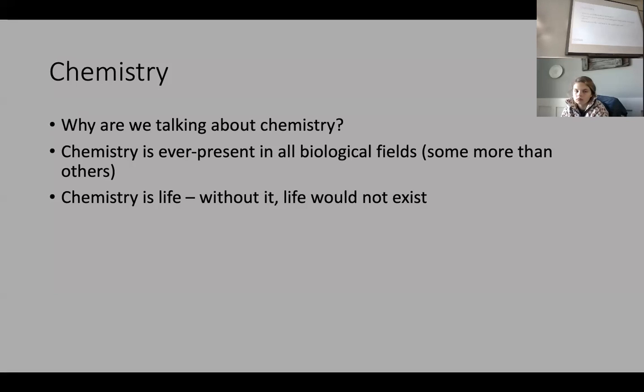You'll see in all of your biology classes, it all comes back to chemistry in one way or another. Without chemistry, life wouldn't exist. We're just a bunch of atoms that are all well coordinated and working together.